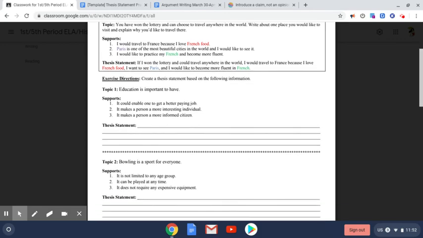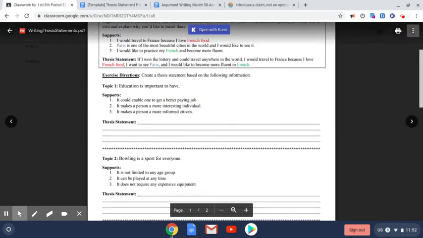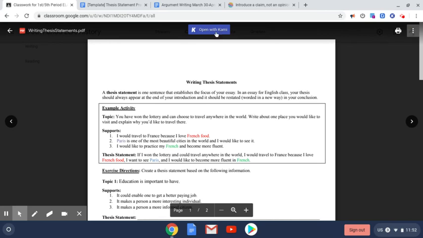Now, this document is able to be edited. If you're opening it on your Chromebook, you could open it with Kami. And then in Kami, it allows you to put in a text box, and then you could type in your answers.